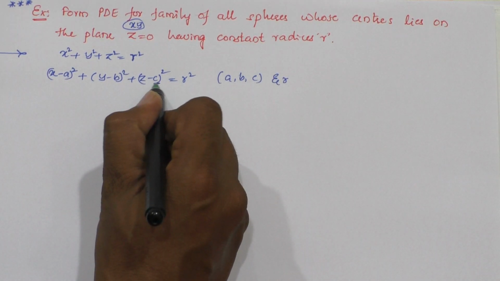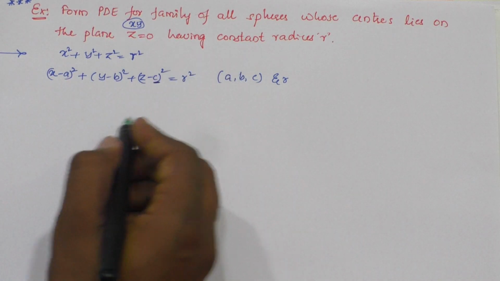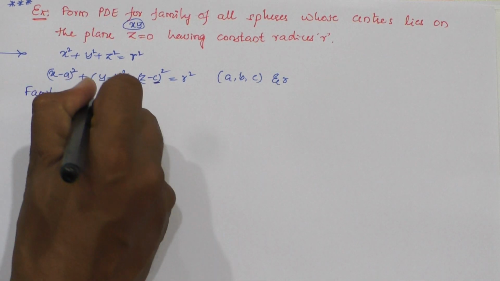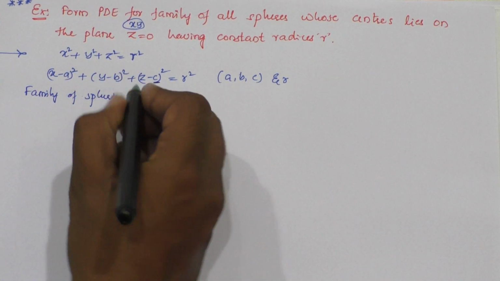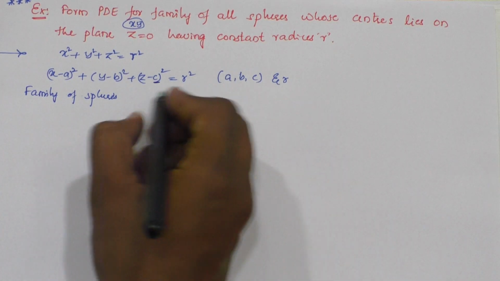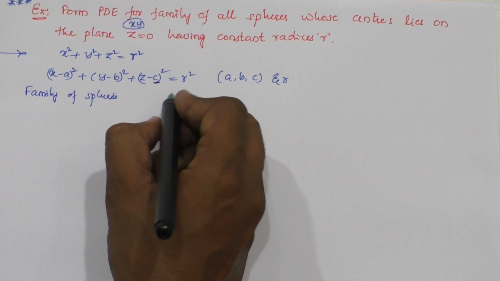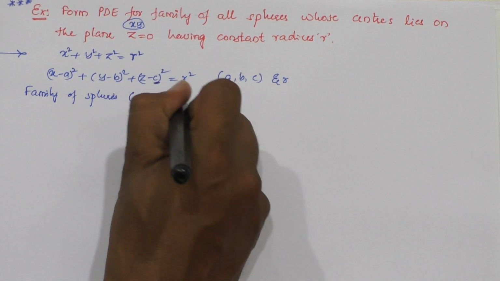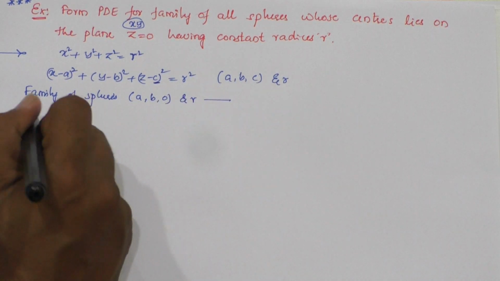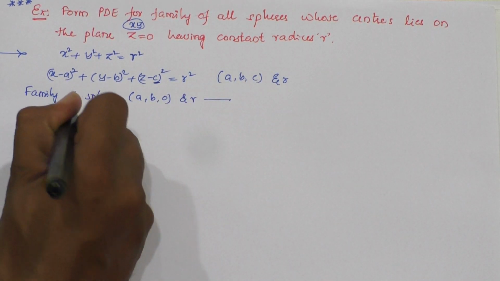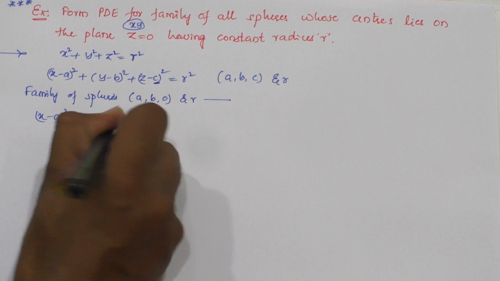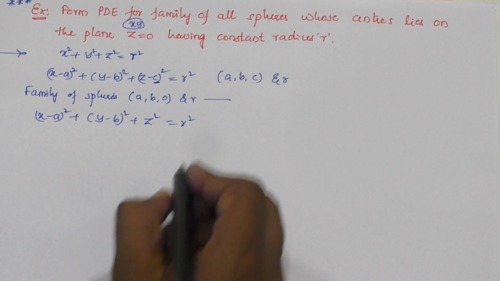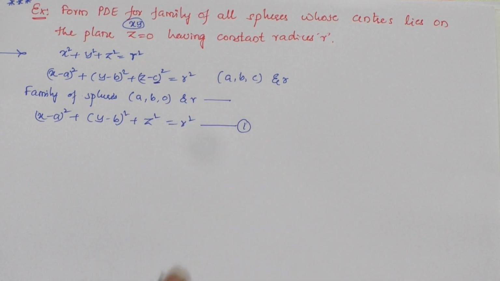So the family of all spheres whose centers lie on the plane z equal to 0, or the xy plane, having center a, b, 0 and radius r is x minus a square, y minus b square plus z square equal to r square. So this is the equation of the sphere. Take this as equation number 1.